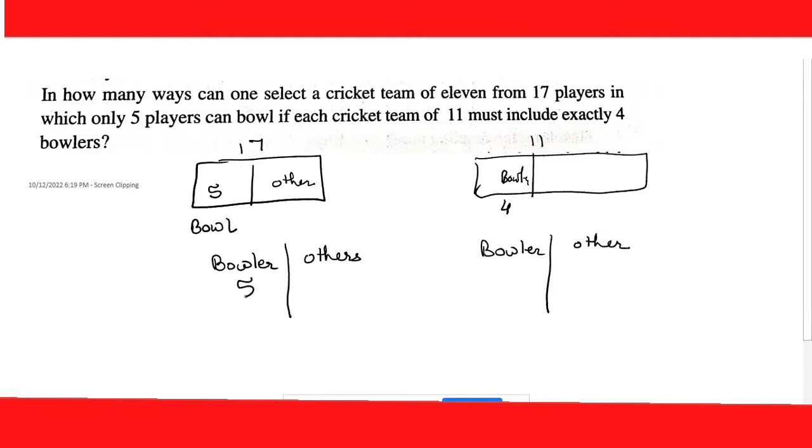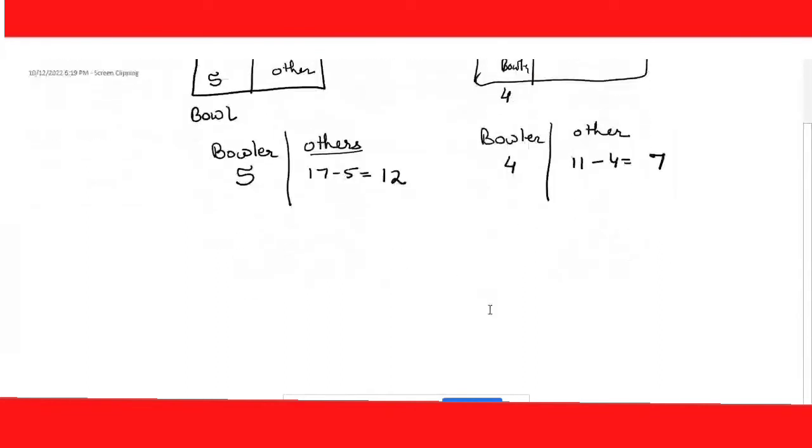How many bowlers are there? 5. We have to choose 4. Now, how many others are there? 17 minus 5, which is equal to 12. And how many other players do we have to choose? 7. So listen, these are N and these are R. In 5 bowlers, we have to choose 4.